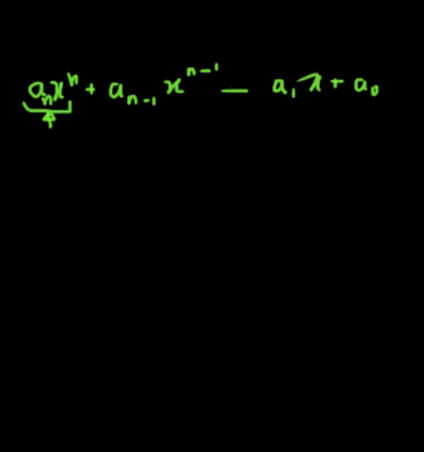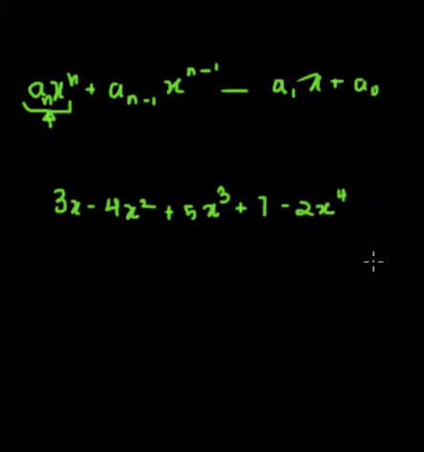So for example, let's just look at this example. So 3x minus 4x squared plus 5x cubed plus 7 minus 2x to the power of 4.